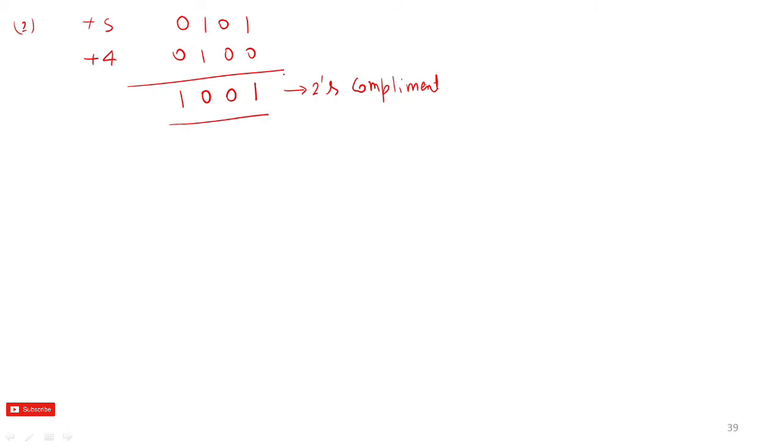It should be +9, but you can find out using the N minus 2 to the power n formula. How much? 9 minus 16, so this is -7. This is equivalent to -7. So this is an overflow condition. Okay.